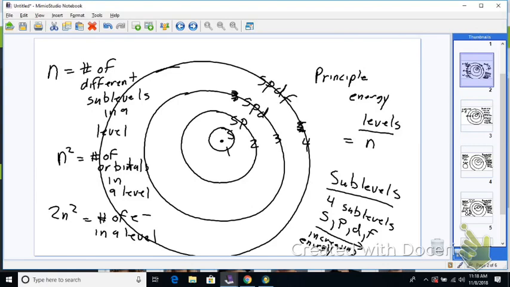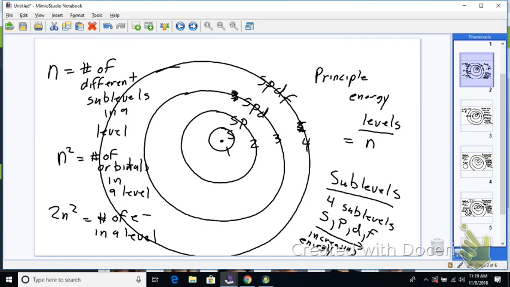How many can fill the third level? 18. 3 squared, 9 times 2 is 18. Count across the fourth period on the periodic table. How many elements do you have in the fourth period? 18. Okay? Now this one's going to take a little bit more counting. I don't know if some of you guys can count this high, but we'll see.